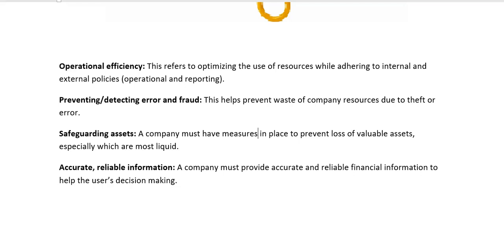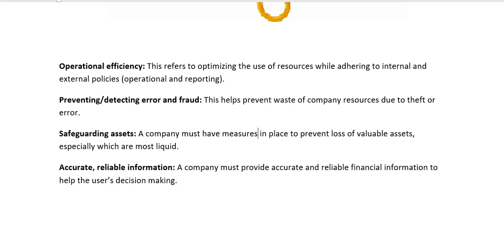That ties into point three, safeguarding assets. A company must have measures in place to prevent loss of valuable assets, especially those which are most liquid. So it can be tricky to steal something big and bulky, like an inexpensive piece of machinery.